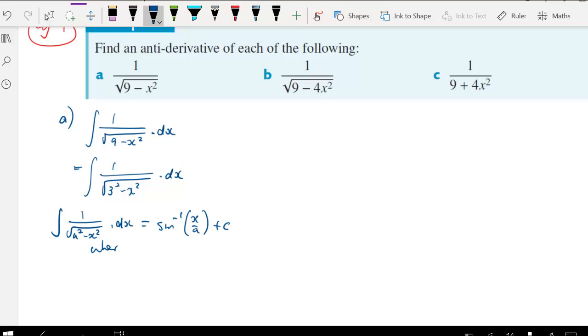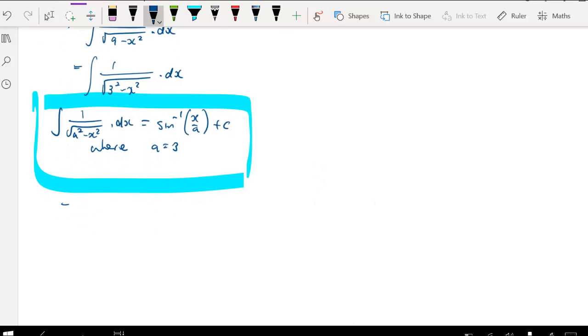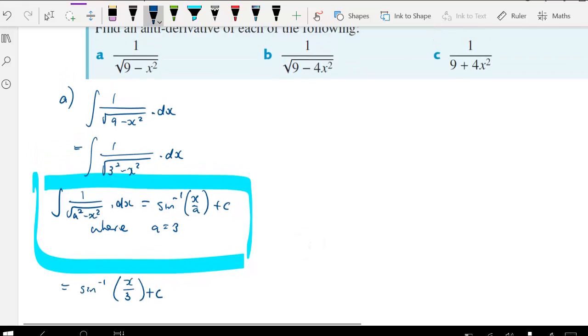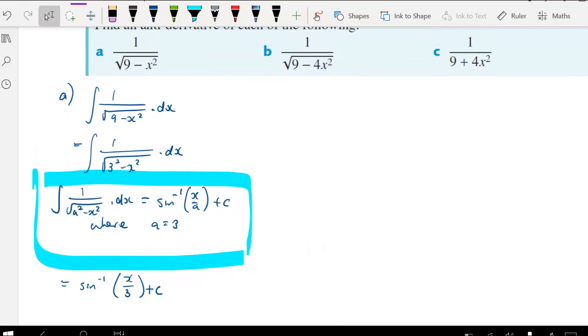This is where a is equal to 3. So therefore, it's simply equal to arc sine x on 3 plus c. So it's as simple as that. It's just recognizing that relationship.